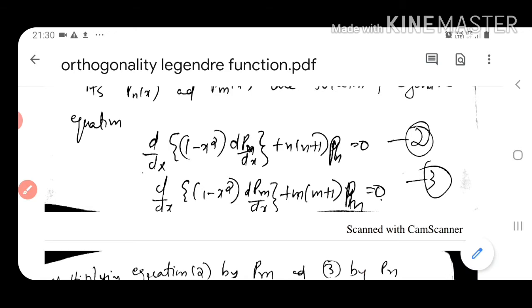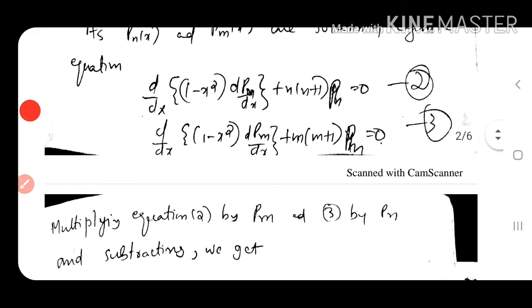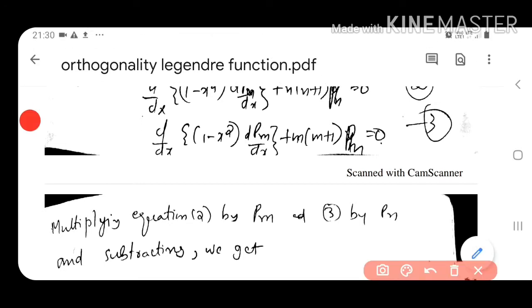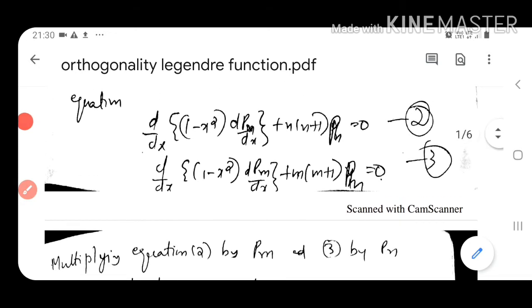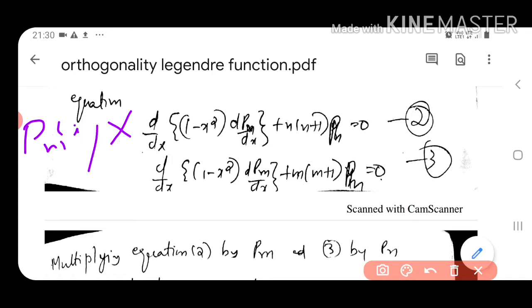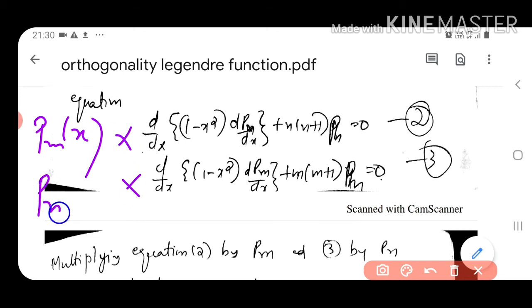Okay, so we have these two equations, and what we do is we multiply equation 2 by Pm(x), and the first equation by Pn(x).